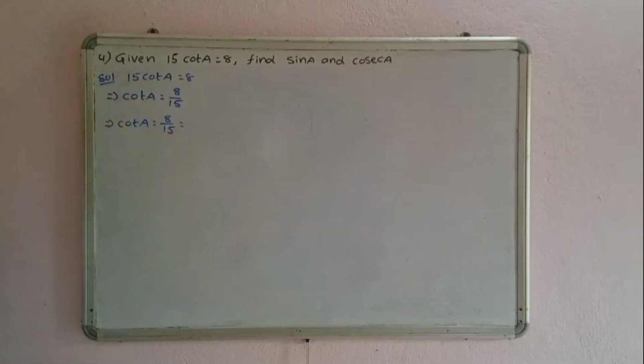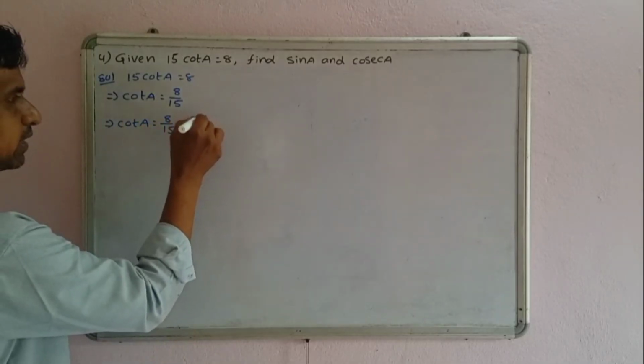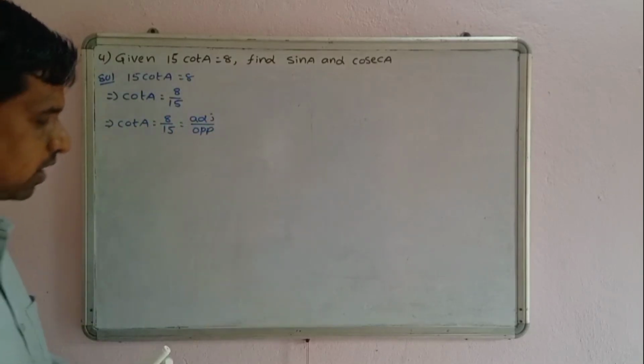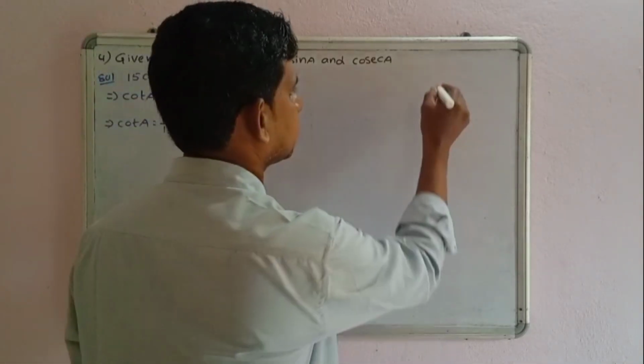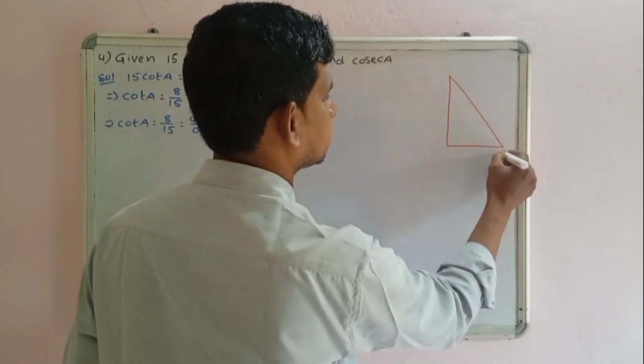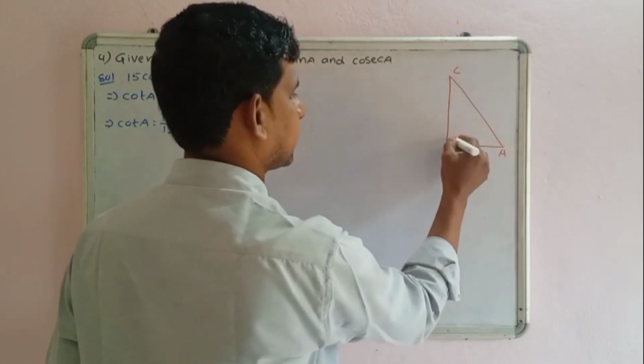Okay. So cot A definition, adjacent by opposite. See, draw a right angle triangle. So ABC. So angle B is right angle.